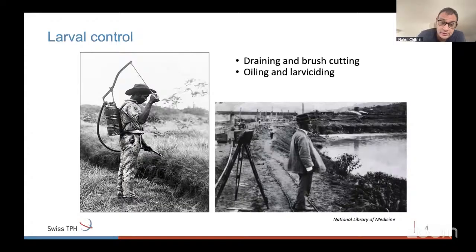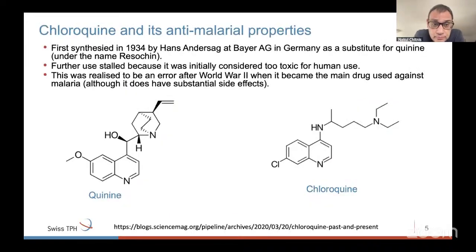A lot of this work, in many places, worked very well, sometimes not so great. It's really this work with larval control that enabled the building of the Panama Canal, where a combination of malaria and yellow fever had made it very difficult to build a canal in the late 19th and early 20th century.